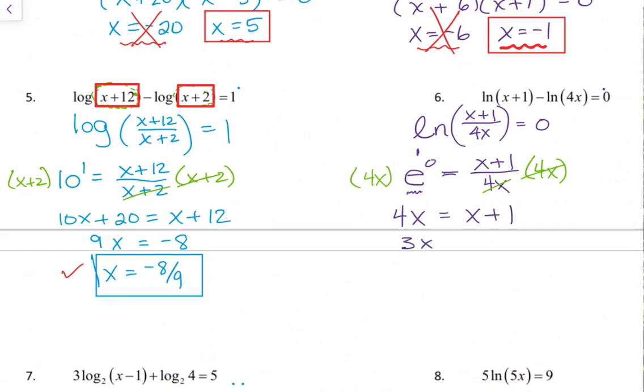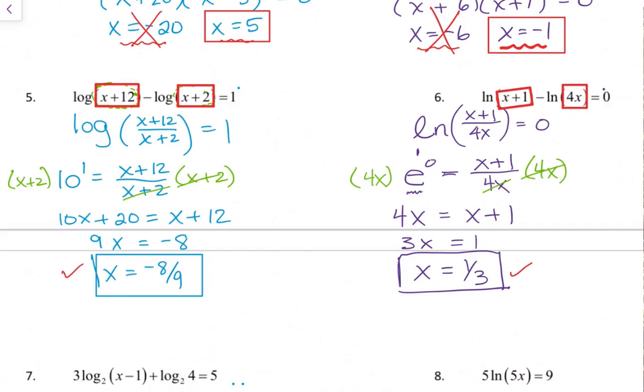Subtract that x, divide out the 3, and I have a solution x equal to 1/3 that I need to check. And if I go to the original problem, x plus 1, if x is 1/3, that's still going to be positive, and 4 times 1/3 will be positive, so I get to keep that solution.